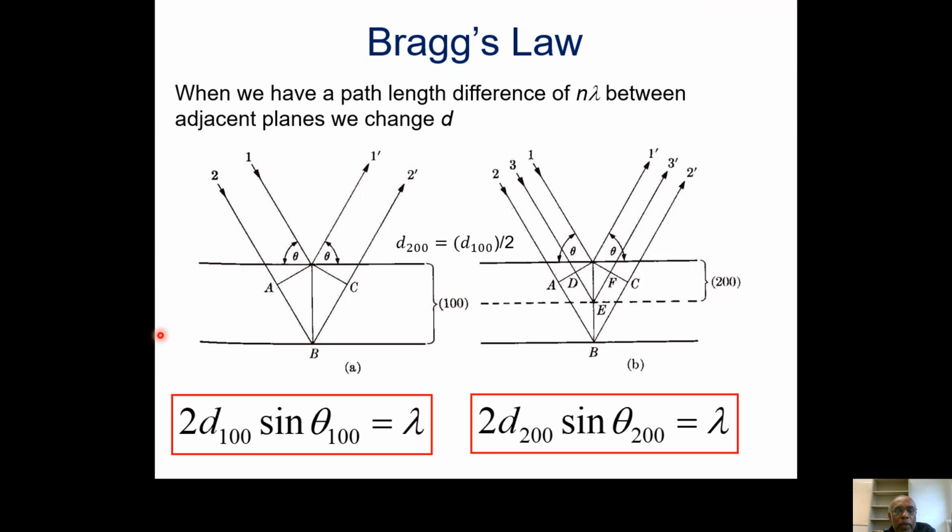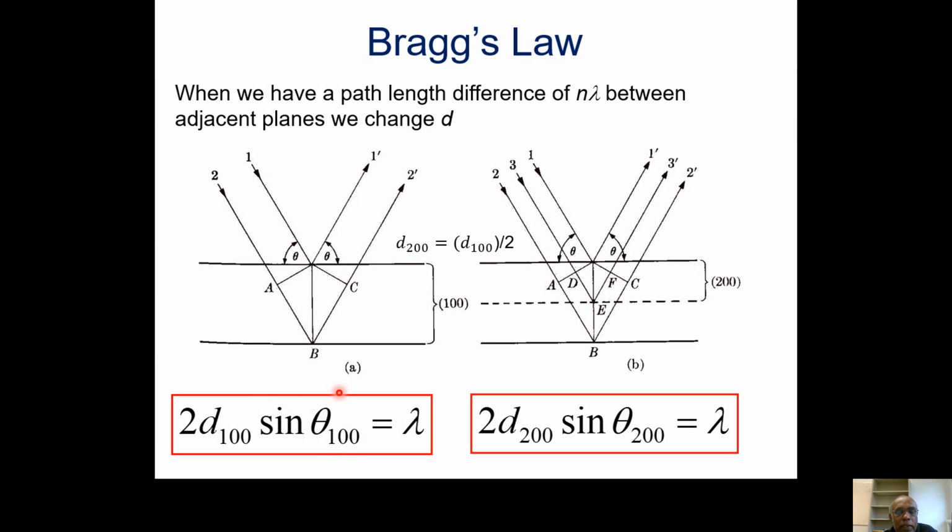Now if you look at your diffraction, when we have a path length difference, this n lambda we talked about, that should be 2d sine theta. With that we are changing that d, so you need to be careful. If I consider the first order diffraction, say n equals 1, in this first situation 2d_100 sine theta, this angle comes from 100.